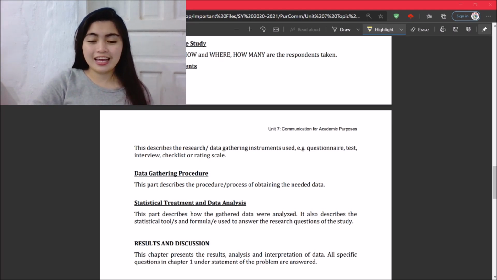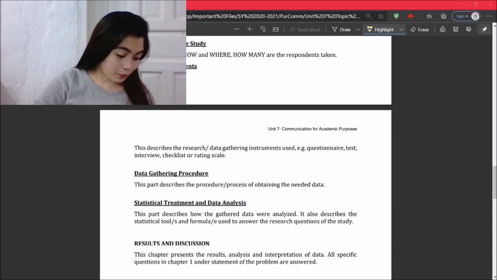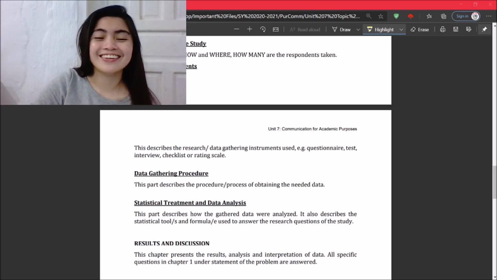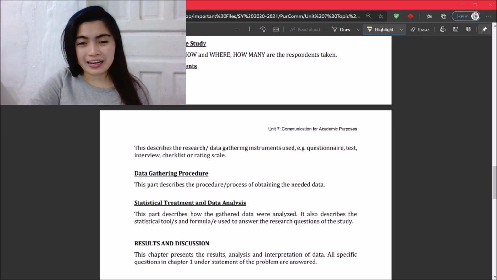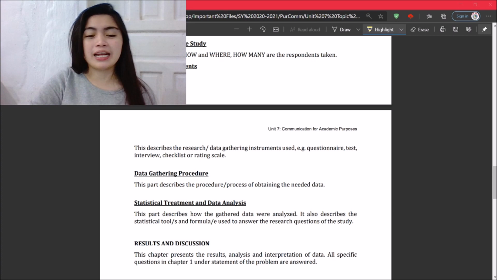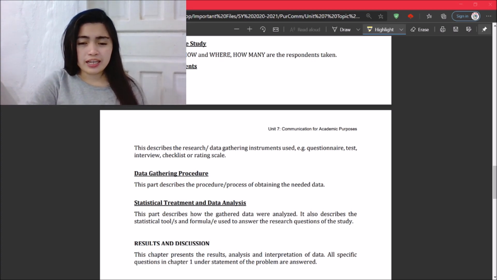So, the students are tasked to express their thoughts, give pieces of advice and opinions in response to the given situation. And then, ito na yung aming framework, yung framework namin na pinagbasehan namin ng mga errors. And then, we have data gathering procedure. So, ayan nga, ayan yung aming pag-gather. So, ito yung aming, yan na yun.